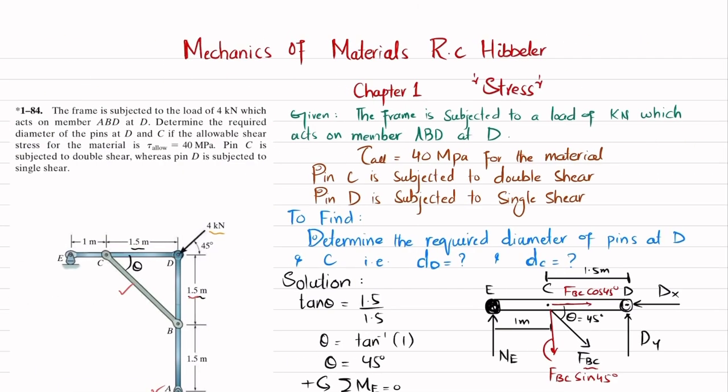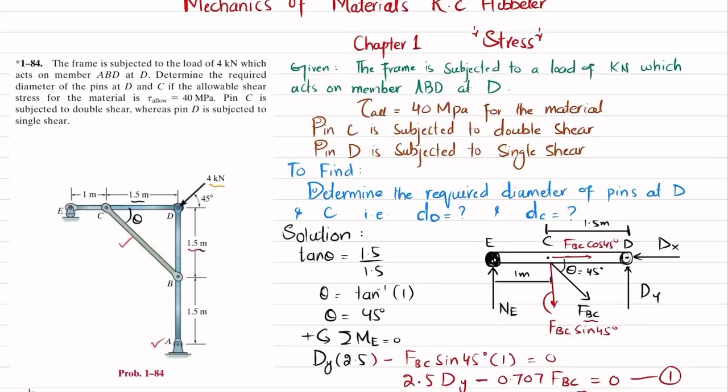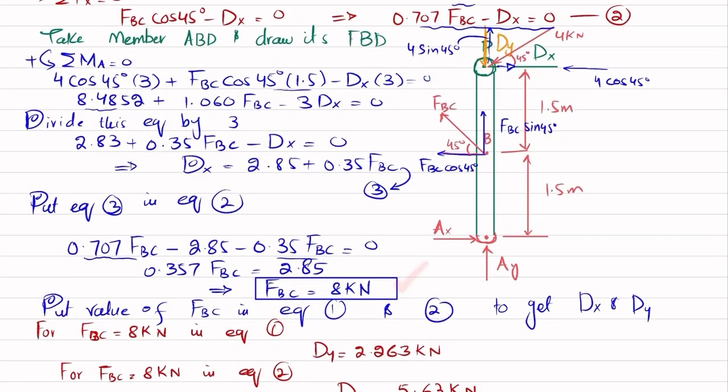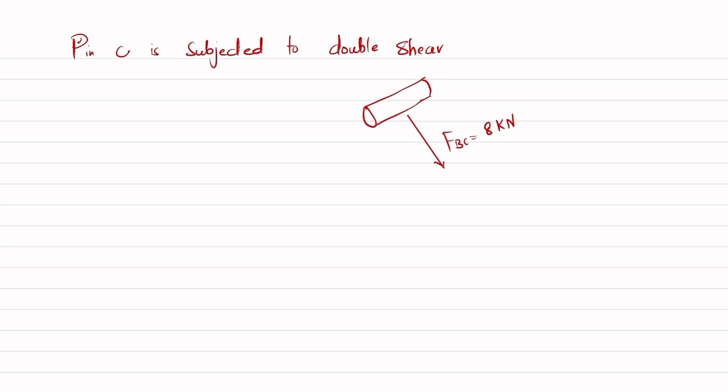For double shear, the shearing will be like this, VC and VC. It is given this is double shear, so 2 times VC is equal to FBC, clear? So this single shear force will be equal to FBC divided by 2. So 8 divided by 2 will give you 4 kilonewton, clear?